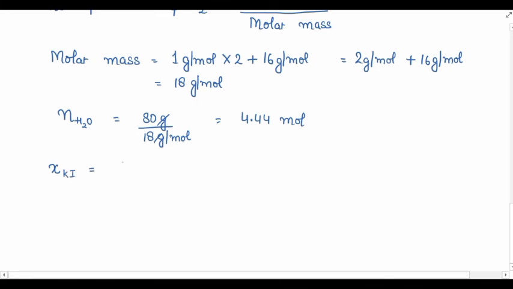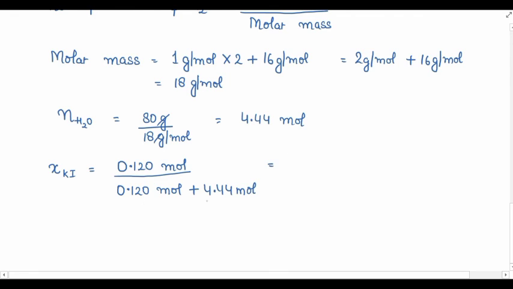So the mole fraction of KI is represented by xKI. So xKI equals the number of moles of KI, that is 0.120, divided by total moles, 0.120 plus 4.44 mole.